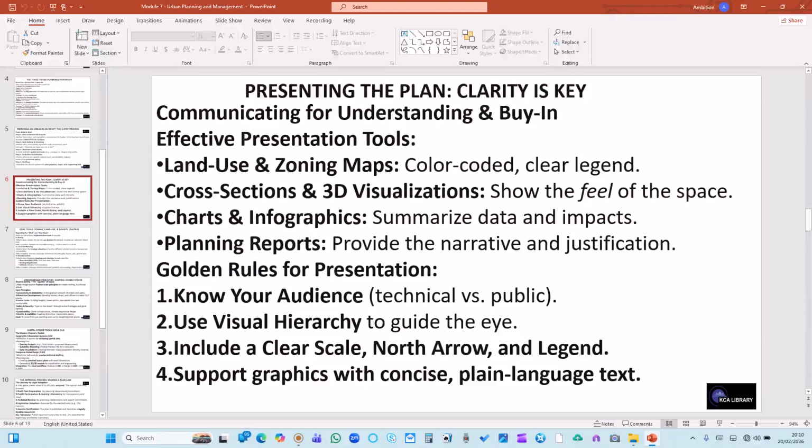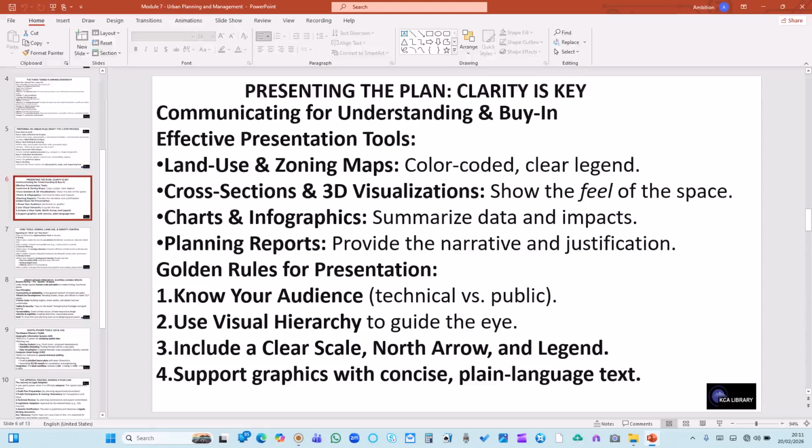Number two is cross-section and 3D visualization, which shows the feel of the space. Number three is charts and infographics, which involve summarizing your data and your impact. Then number four, the last, is the planning report, which provides the narrative and justification.